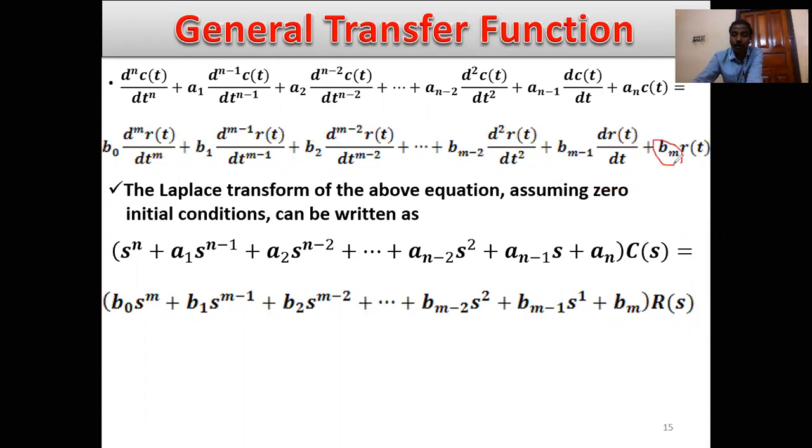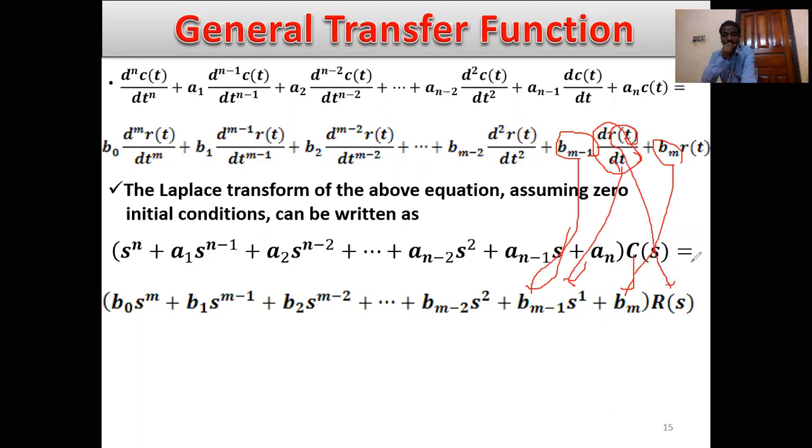and Bm is constant. Similarly, Bm minus 1 is also constant, and d/dt is equivalent to S, and r(t) is equivalent to R(S).